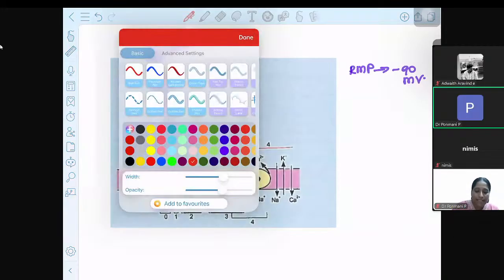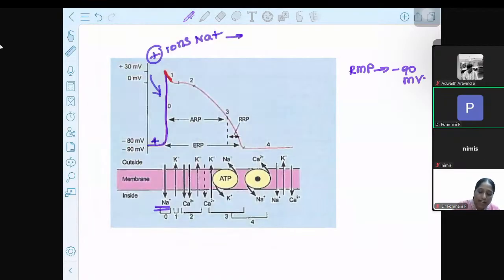This drop means that the sodium channel is blocked now and there is going to be loss of some ions. What ion is it? It is potassium ions here. The loss of potassium ions is the reason for phase 1 of the action potential.